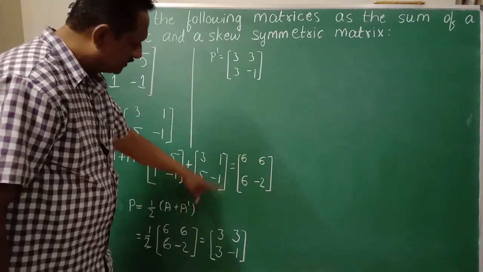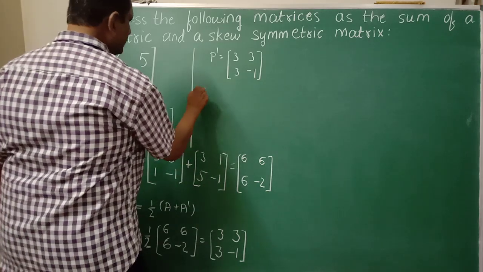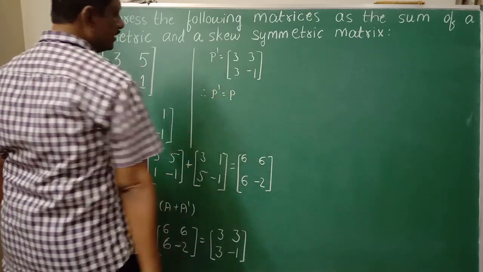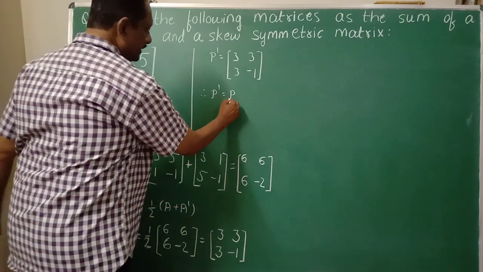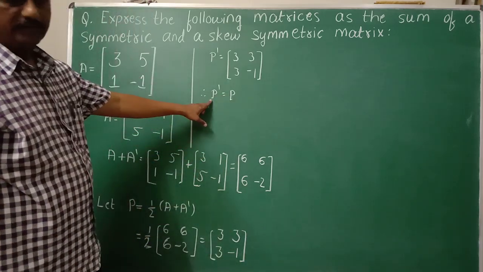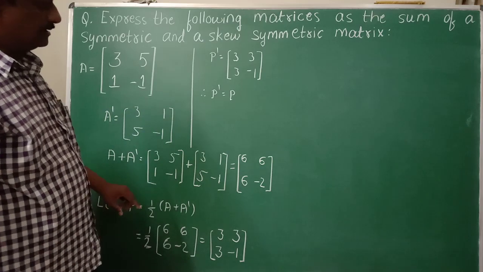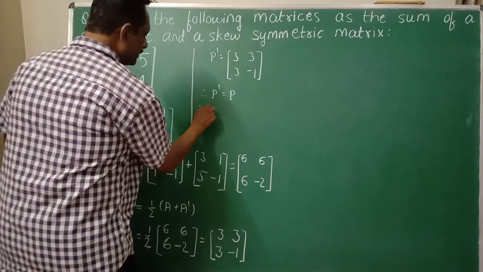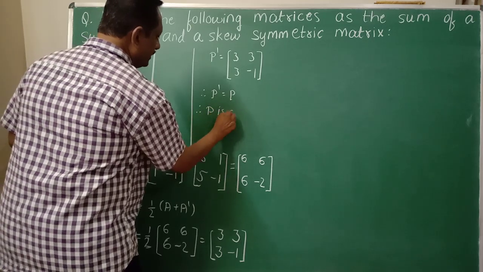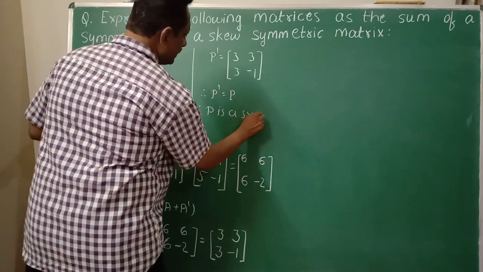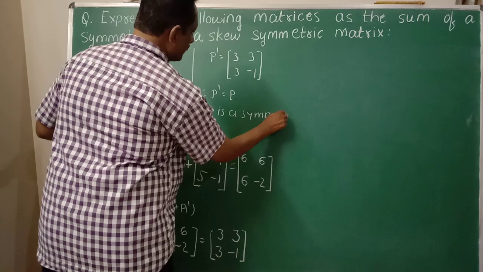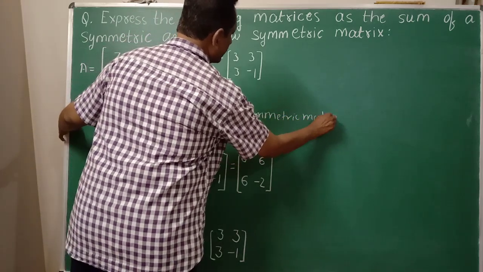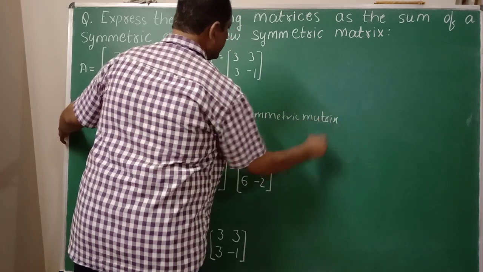Both are the same. Yes, you can write P dash is equal to P. If this condition is satisfied, if P dash is equal to P, then obviously P is a symmetric matrix.